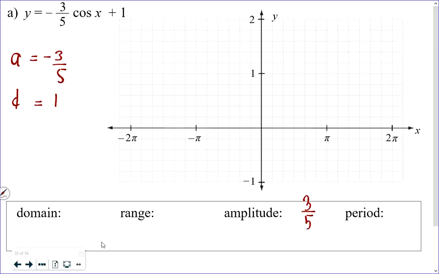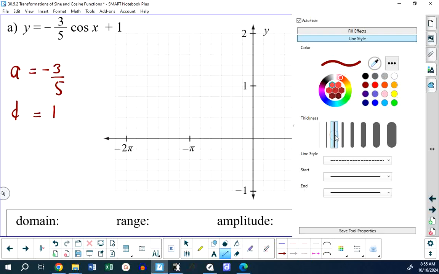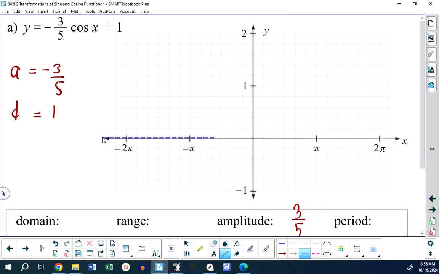I know that we have to take care of the amplitude first. We have to take care of the vertical stretch first. So what ends up happening when we do that is that the middle of the graph before any other changes is going to be there, correct?